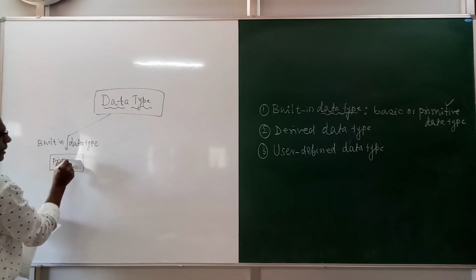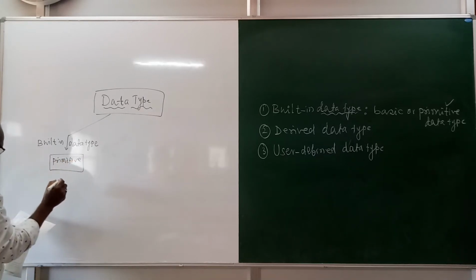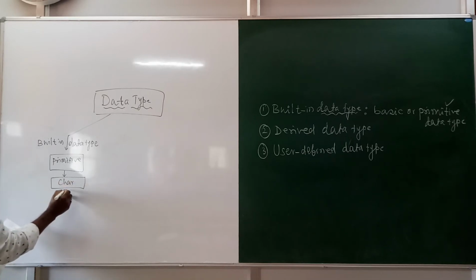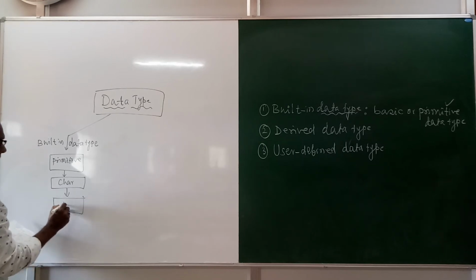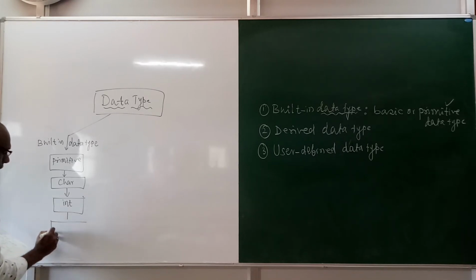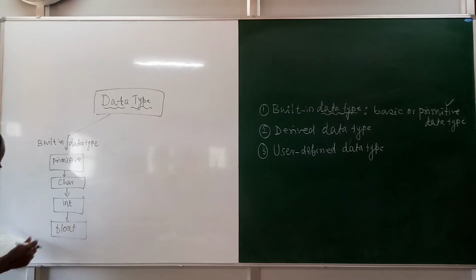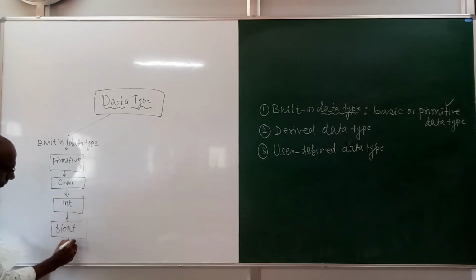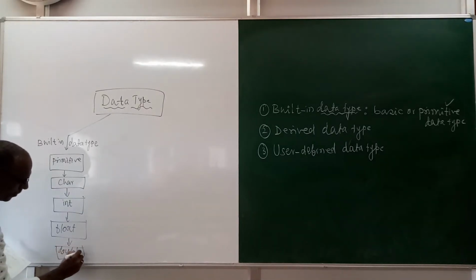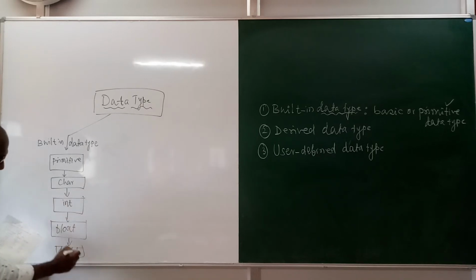Okay, there are various types here. I can say character, that is char, a keyword. Then we have integer data type, int, it should be small. Then we have float, FLOAT, float. We have double, and then I'll write the last one.